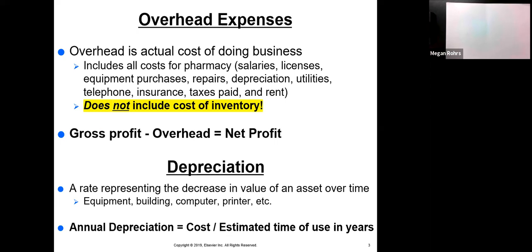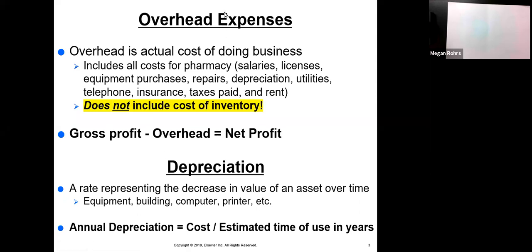The example that I always use is, when you buy a brand new car, as soon as you drive it off the lot, it starts to depreciate or lose value. So when we're calculating annual depreciation for any asset, like a computer or a printer, we're just going to take the cost of that item and divide that by the estimated time of use in years. So how long do we think that that item should last?